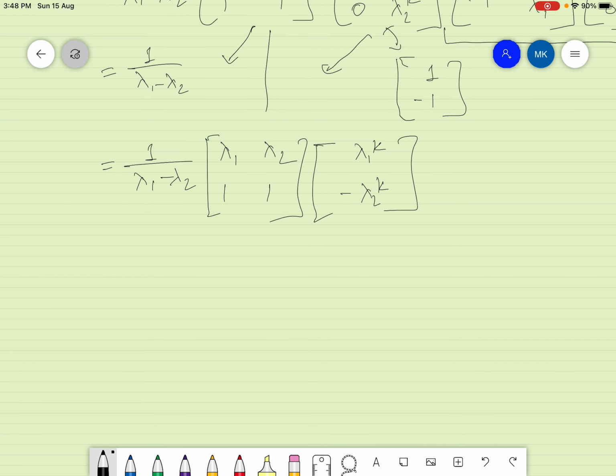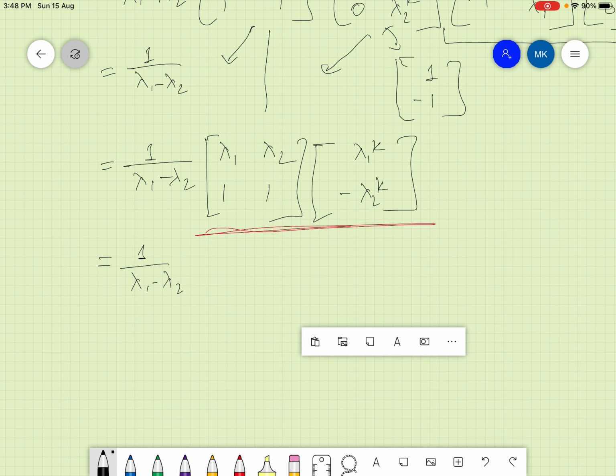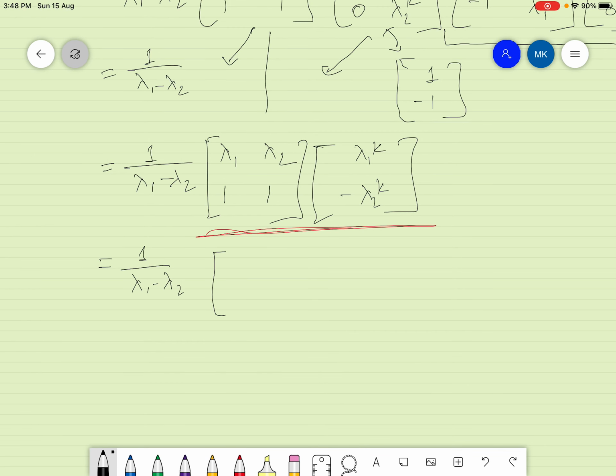Now again, if you do this multiplication, if you multiply these two terms, you'll get 1 divided by lambda 1 minus lambda 2, and you get lambda 1 to the power k plus 1 minus lambda 2 to the power k plus 1.